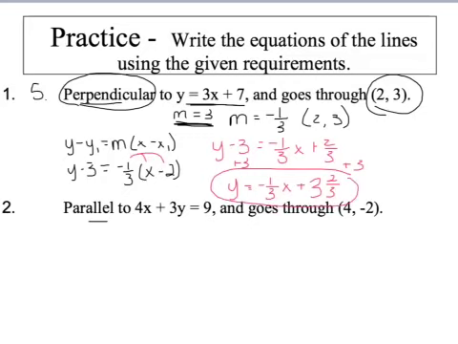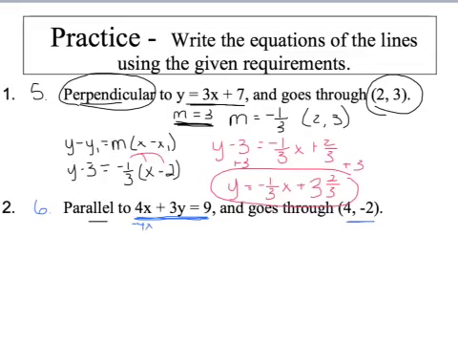Okay, so in problem number 6, it says parallel to the line 4x plus 3y equals 9, but we want our line to go through the point 4, -2. So I need to know what slope this line has. Well, let's go ahead and solve it for y.